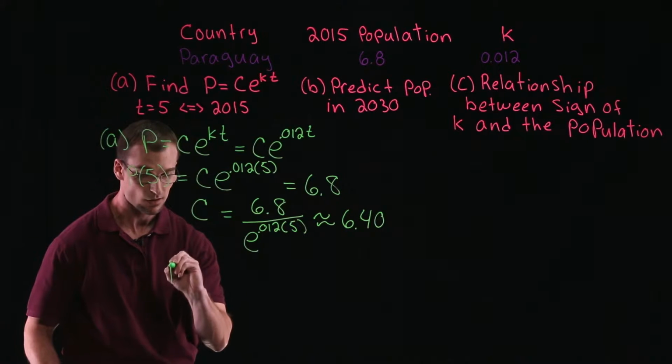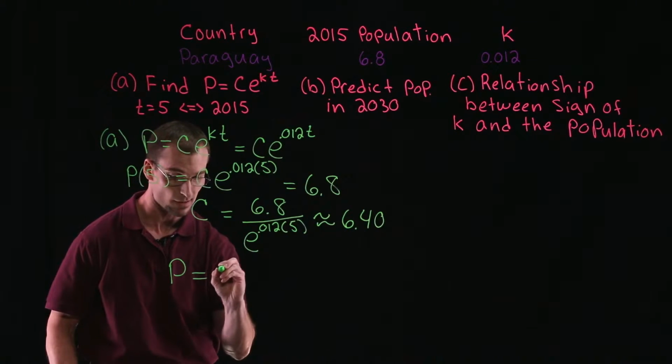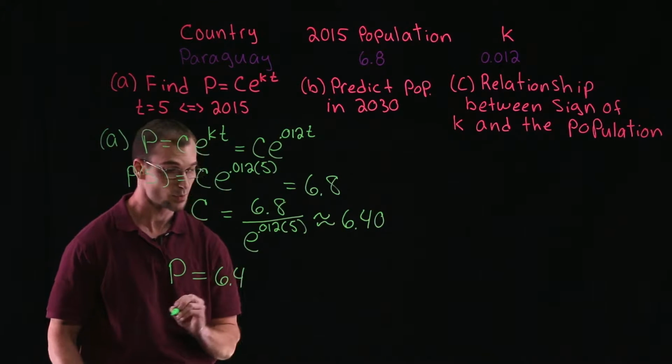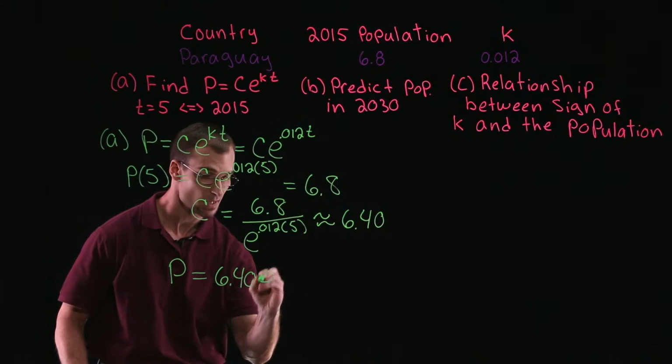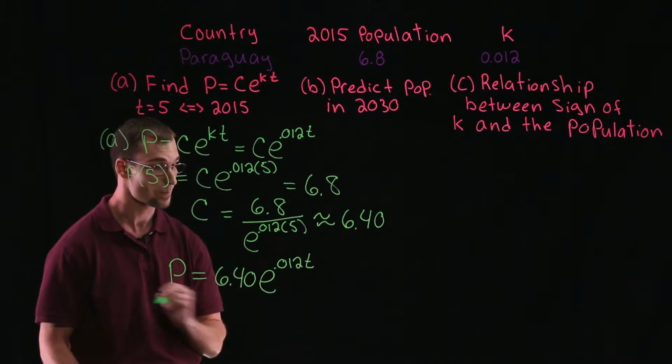So in the end, our model is P equal to 6.40 times e to the 0.012t.